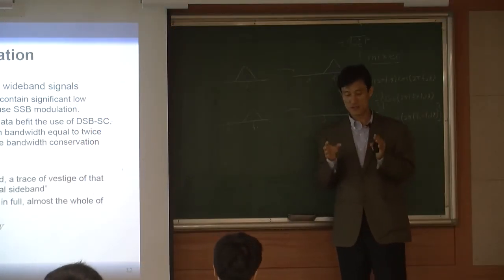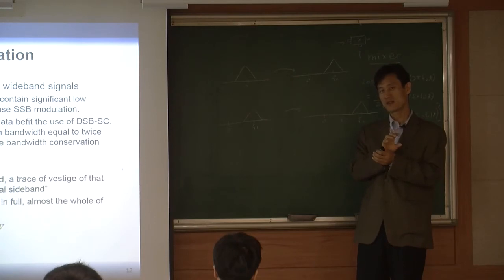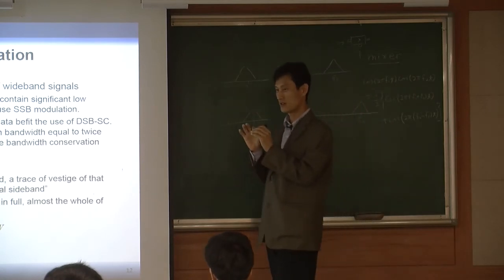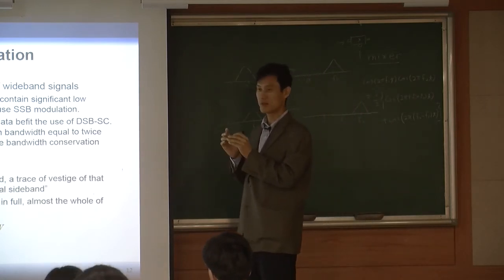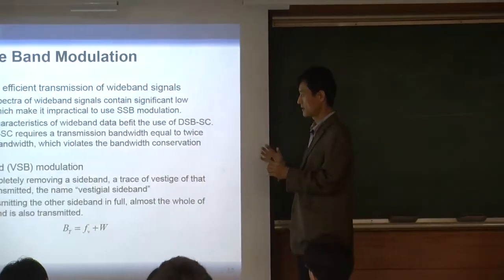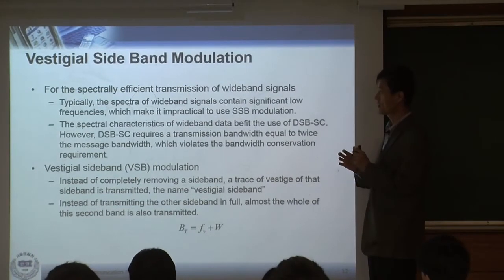If you think about spectrum efficiency, single sideband is the best. But for receiver simplicity, the basic DC added amplitude modulation is better. But typically single sideband is best, right? A little bit complex, but still it's best because spectrum efficiency is the most important thing.